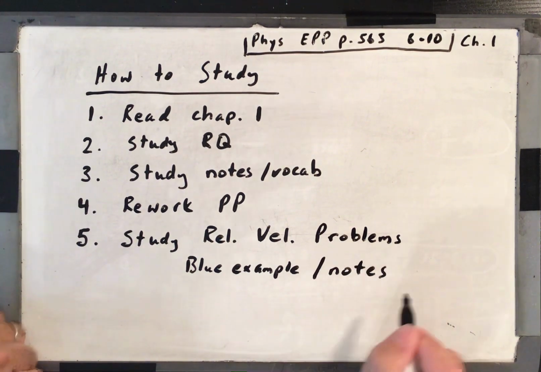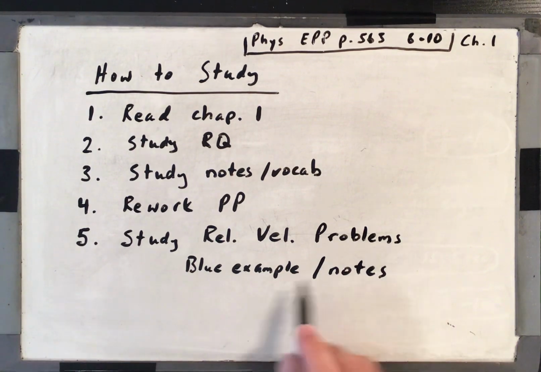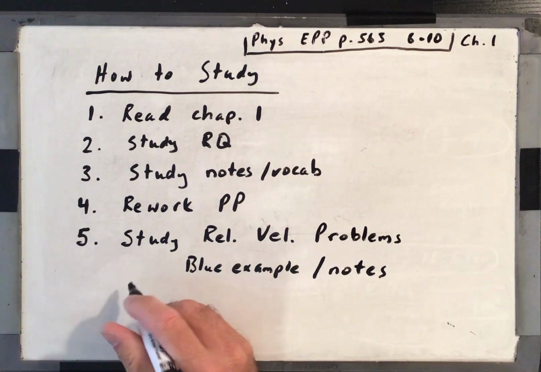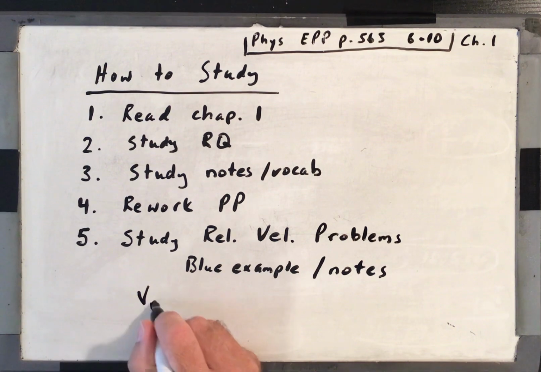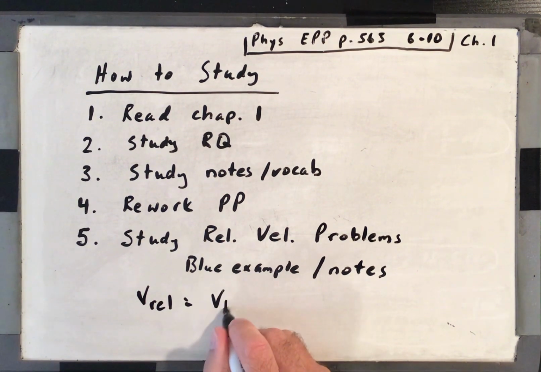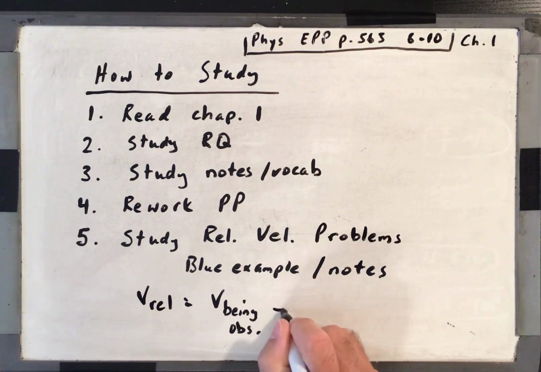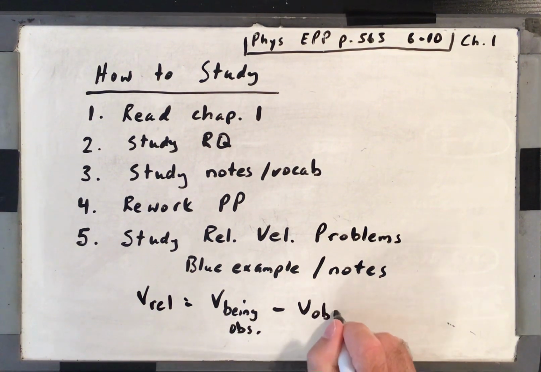We did an on-your-own with relative velocity, and there was a blue example in the book for that. So the velocity relative is equal to the velocity of what is being observed minus the velocity of the observer.